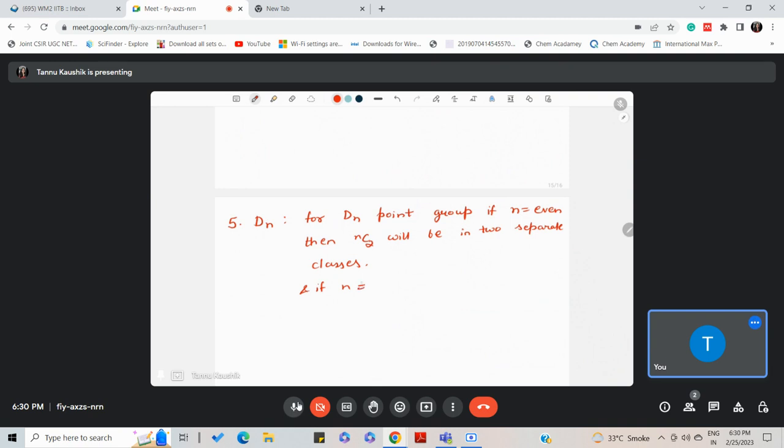And if n is odd, then the nC2 axes will be in the same class.